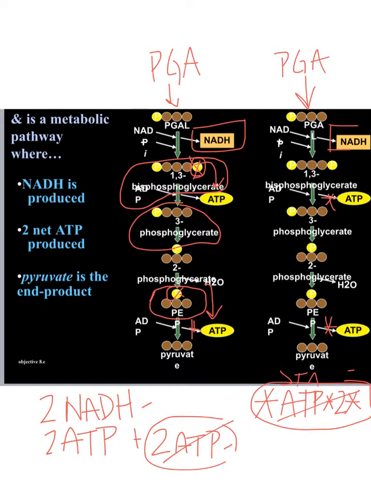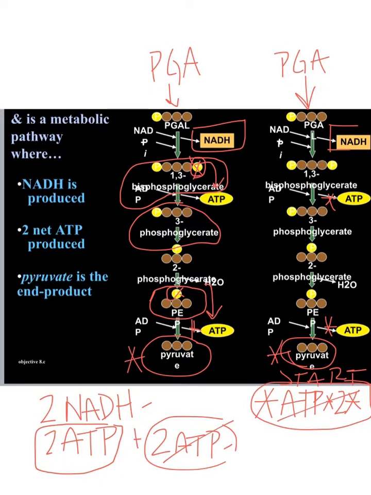We've made 4. But because we had to input 2, we really only netted 2 ATP. And we'll talk more about this on the next slide. The final product of glycolysis is this molecule called pyruvate. This is what's going to enter the prep step and eventually enter the citric acid cycle. So remember, we get 2 of those.